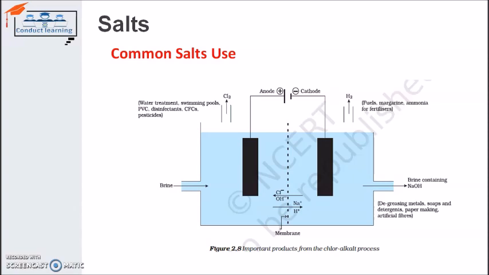On the other hand, hydrogen gas, which is released by this reaction, is used in fuels, and in margarine, which is basically vegetable oil processed into the form of butter. It is also used for ammonia for fertilizers, and NaOH is used for degreasing metals, to remove the grease on the metals, to prepare soaps and detergents, and to make paper and artificial fibers.